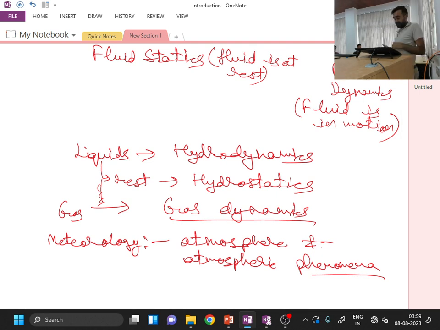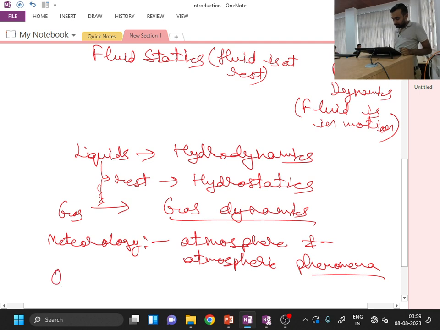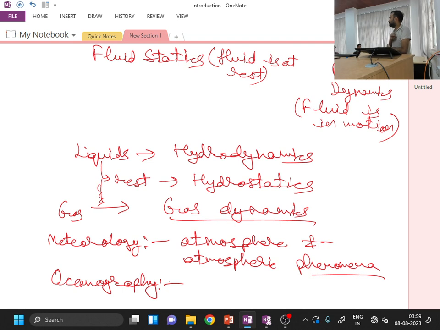Okay, then we have oceanography. So anything involving fluid behaviors in the ocean, that is called as oceanography.